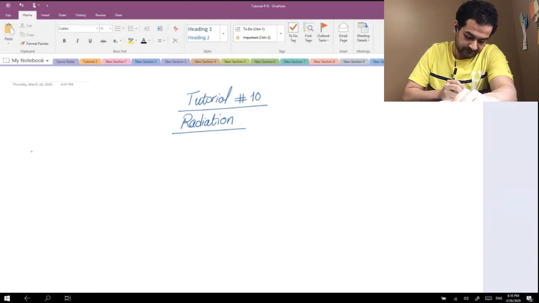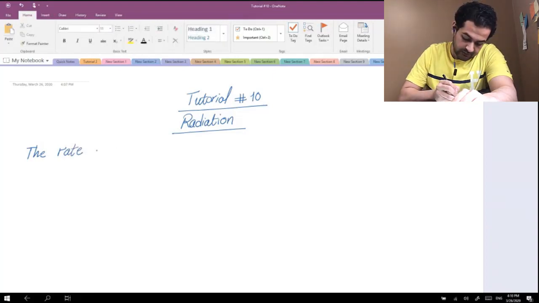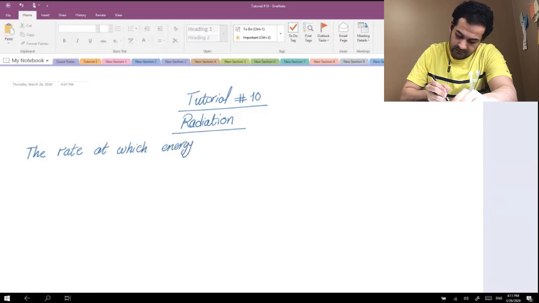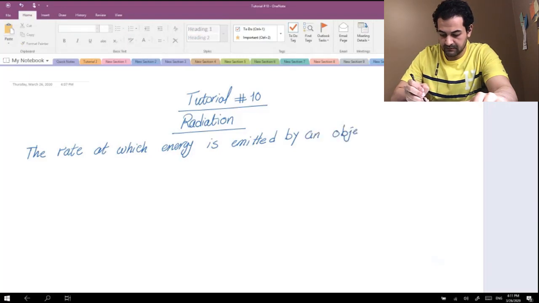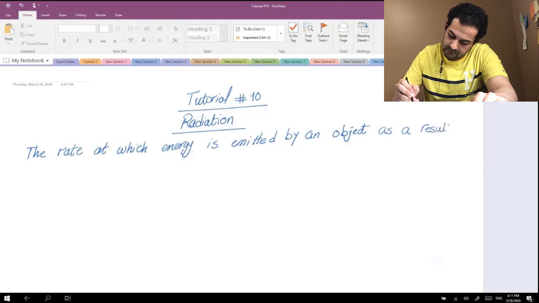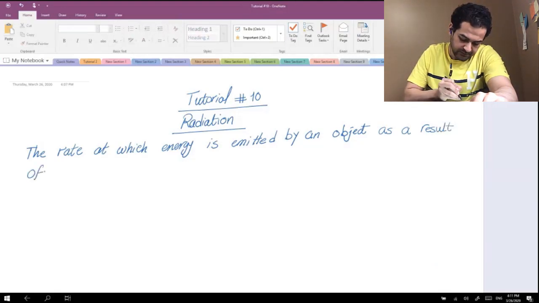Radiation is the rate at which energy is emitted by an object as a result of temperature increase or rise.